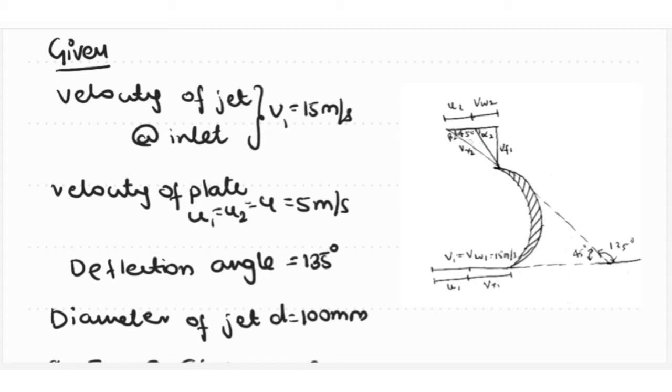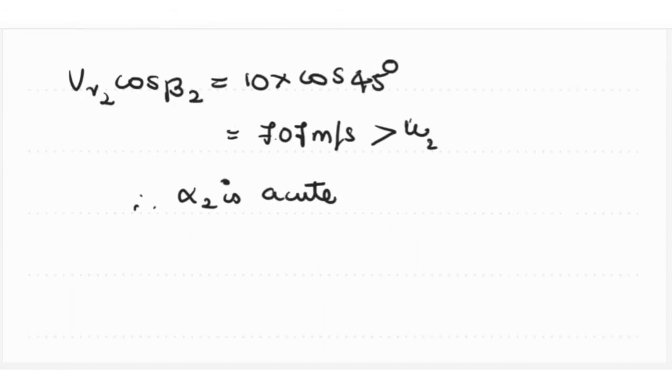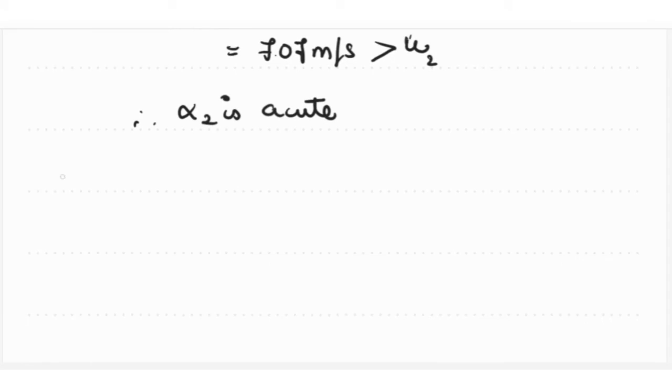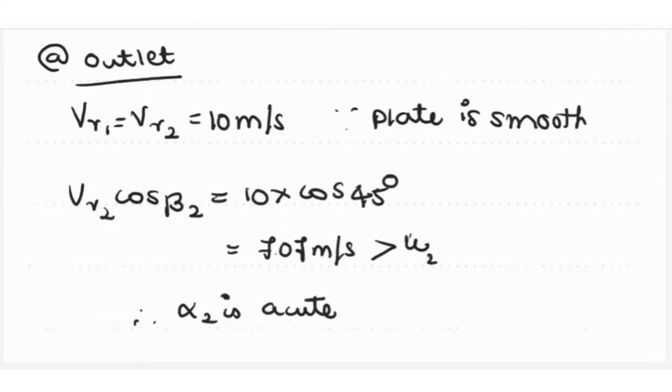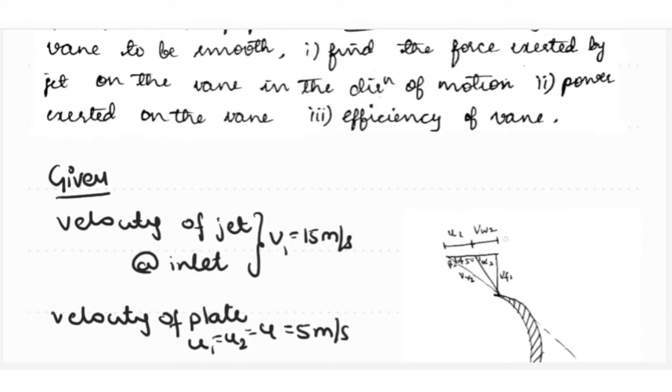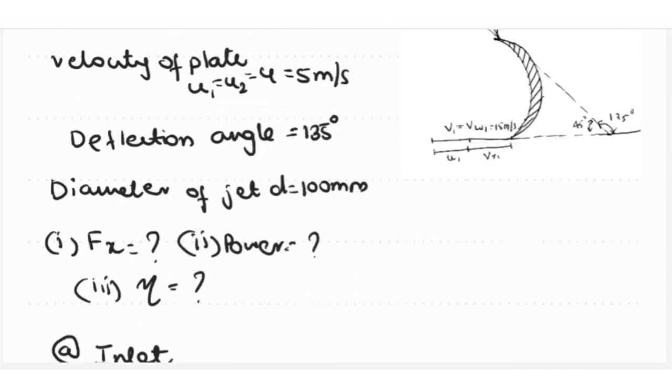We will apply here cos 45 to this triangle. So let us see what will be the thing. We will get cos of 45 degree is equal to, adjacent side is U2 plus VW2 and hypotenuse is VR2.